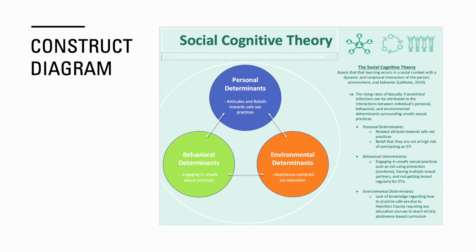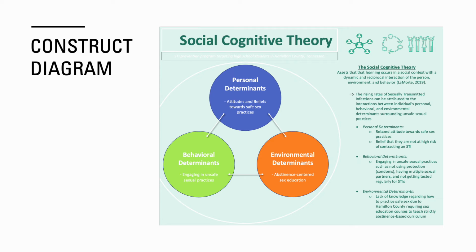The rising rates of sexually transmitted infections can be attributed to the interactions between the personal, behavioral, and environmental determinants surrounding unsafe sex practices. The personal determinants of high school students engaging in unsafe sex practices may include relaxed attitudes towards preventative measures and the belief that they are not at high risk for contracting an STI.